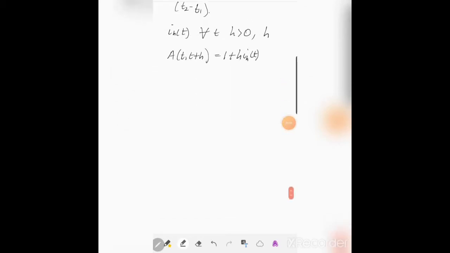And there we can work out i_{h,t}. So how do we get i_{h,t}? i_{h,t} is nothing but a(t, t+h) minus 1, everything over h. So here the quantity that we called a(t1,t2) is nothing but the accumulation factor.